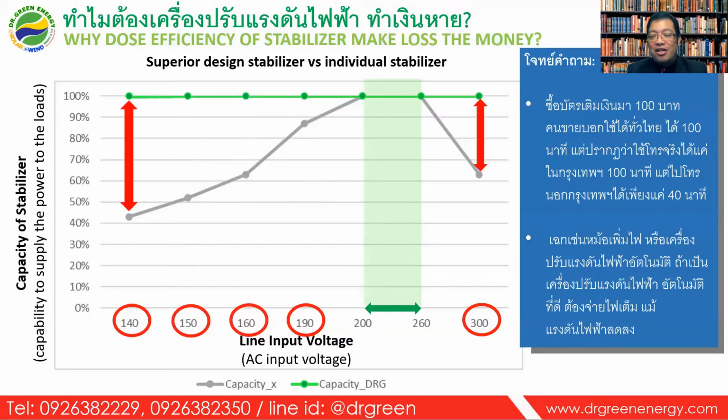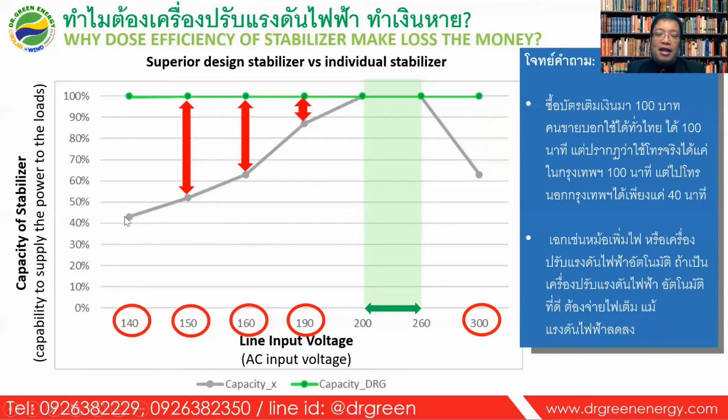So consider you lost 60 USD when you go out from the city or go out from Bangkok. So it should not happen like this. It is similar to the case that we share as the example here.